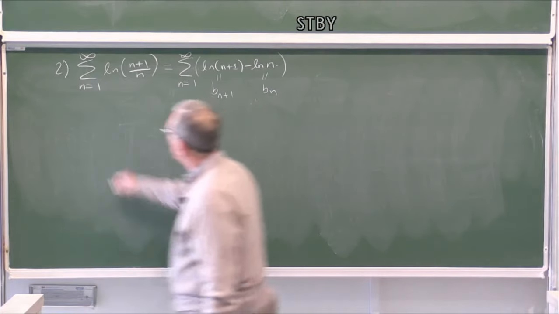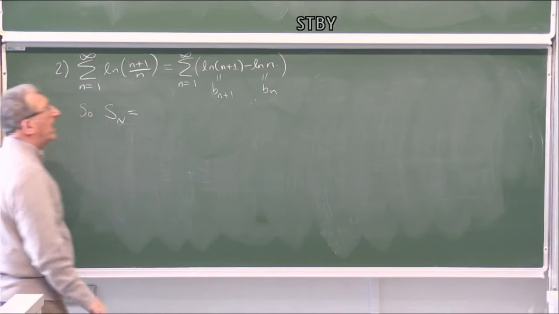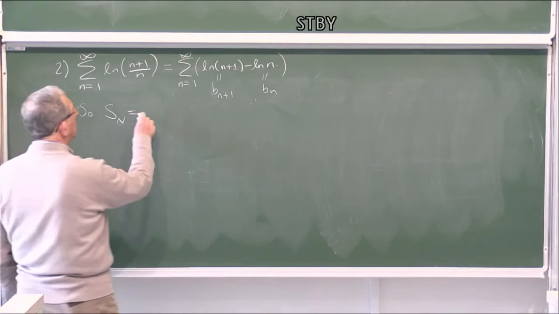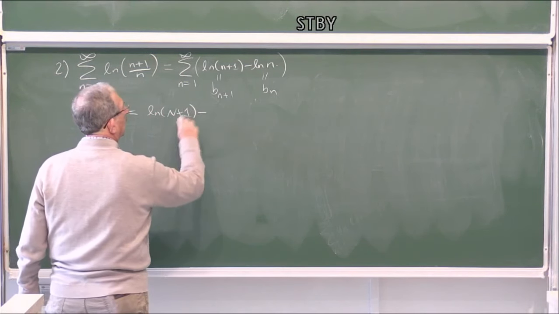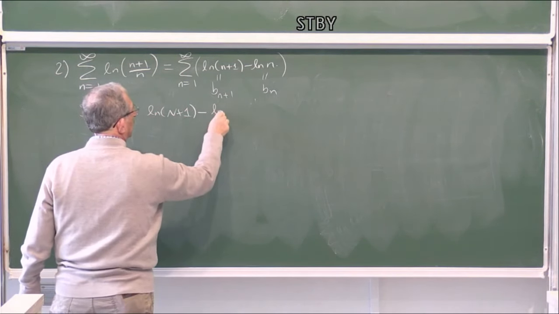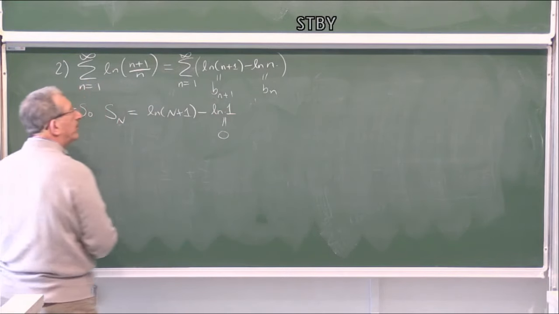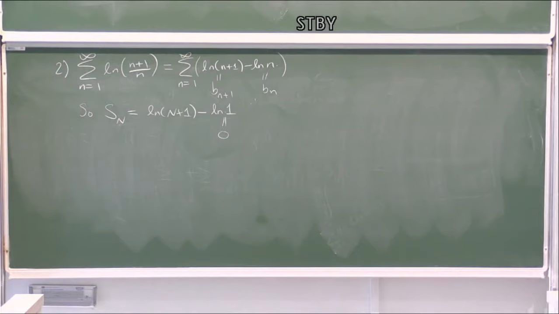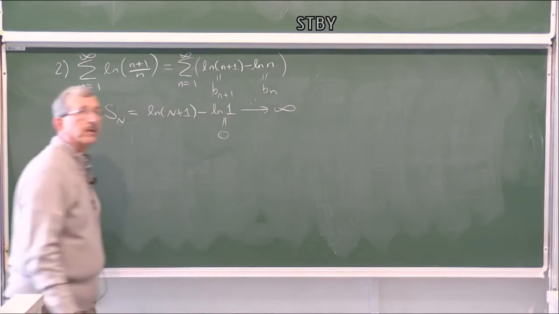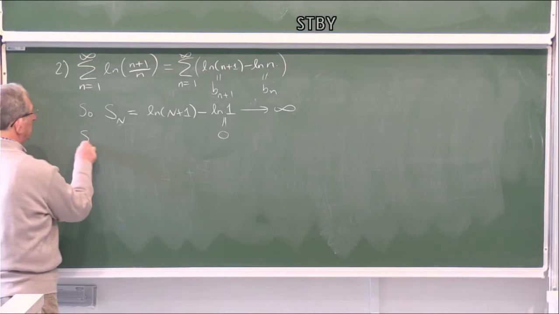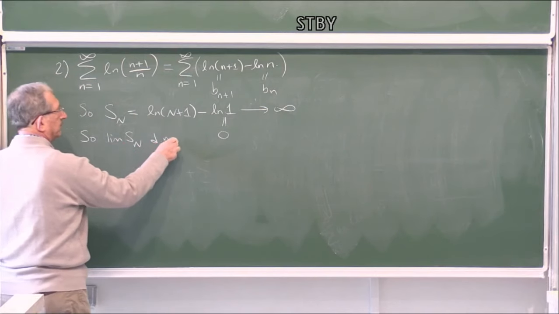So, Sn, okay, I will not calculate it again, is nothing but logarithm of n plus 1 minus logarithm of 1, which happens to be 0. When we take the limit, of course, it goes to infinity. Which means that limit of Sn does not exist.